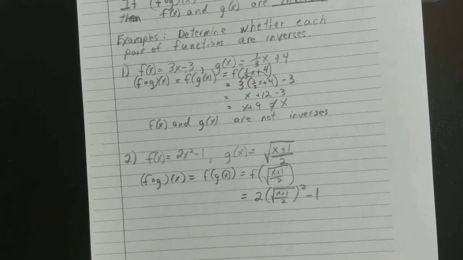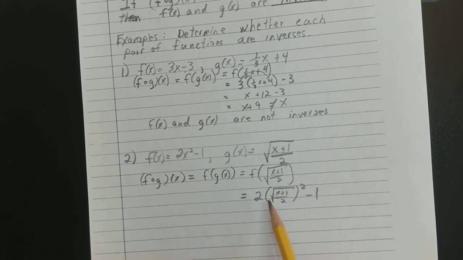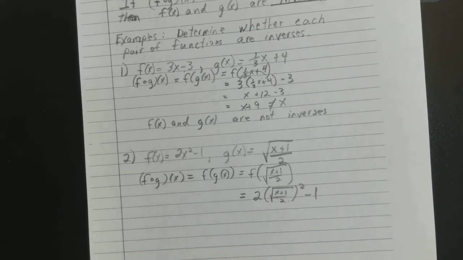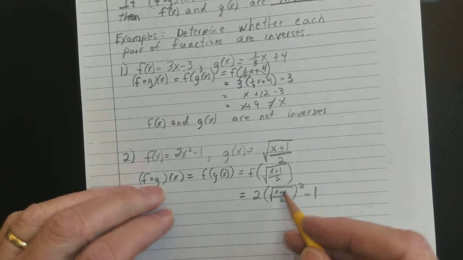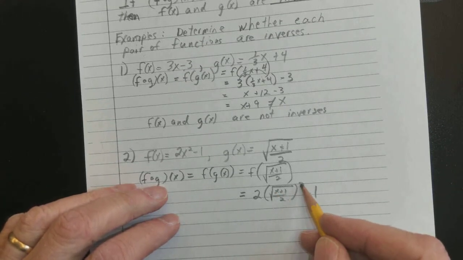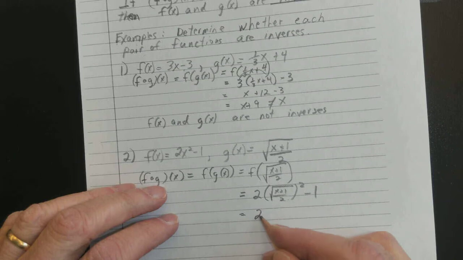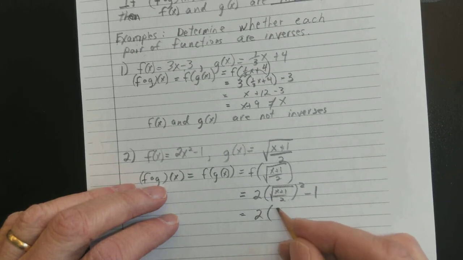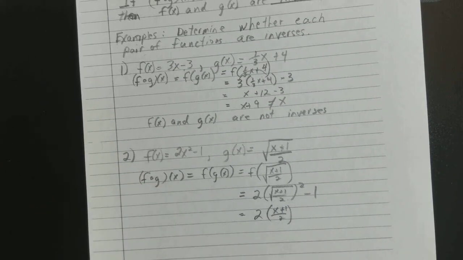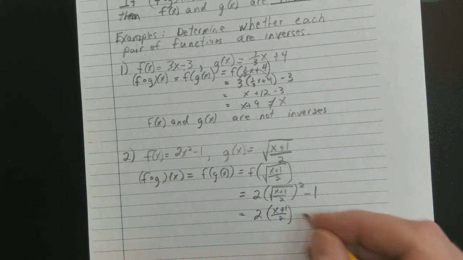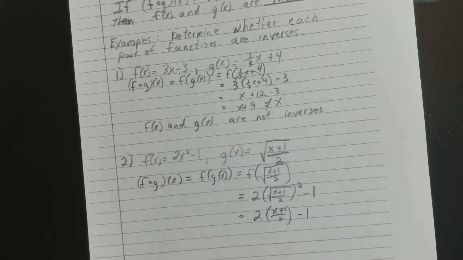Okay? Right here, I should say, is where the x was. Now, what do a square root and square do to each other? They cancel. So let's just put x plus 1 over 2 here. The square root and the square are canceling each other out. And then we have the minus 1 here. All right? Any questions there?